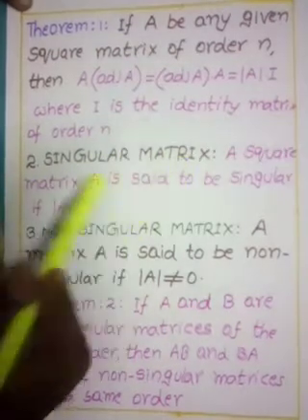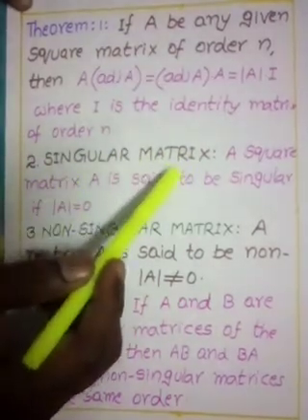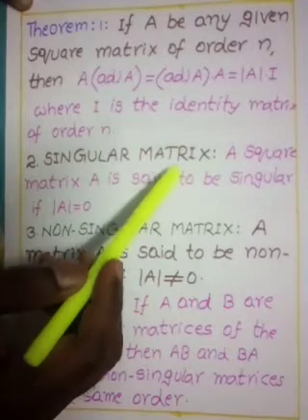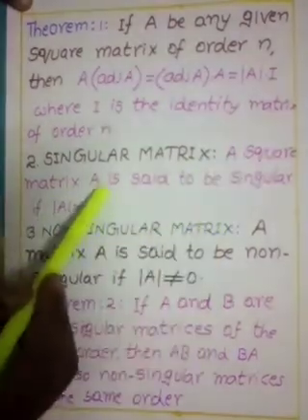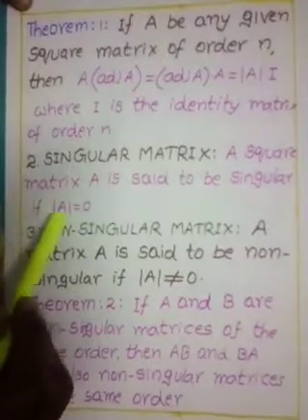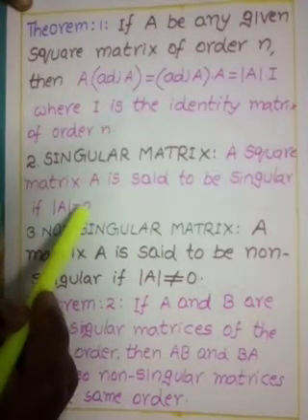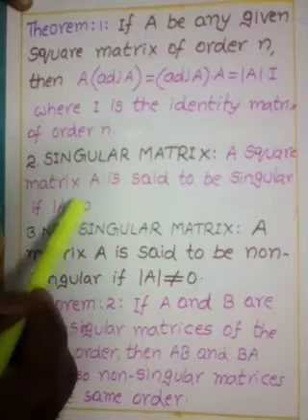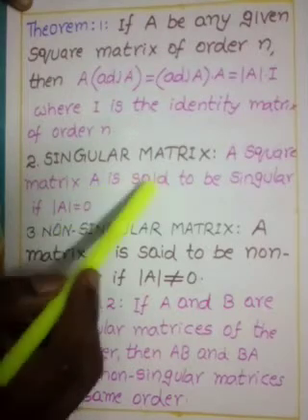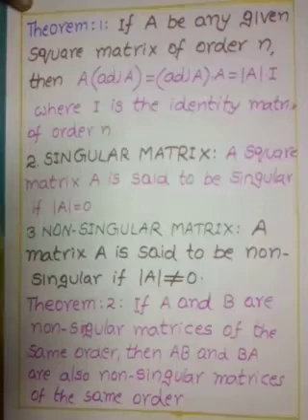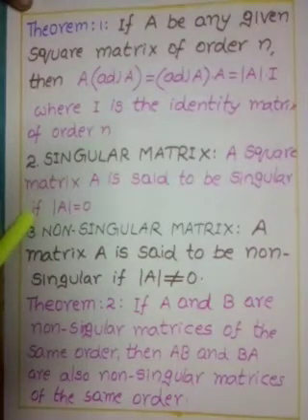Now come to the second point. Singular matrix. Here we define what is meant by a singular matrix. A square matrix A is said to be singular if det A is equal to 0. If the determinant of a square matrix A is 0, then the square matrix A is said to be a singular matrix. Understood, my children? Now come to the third definition.